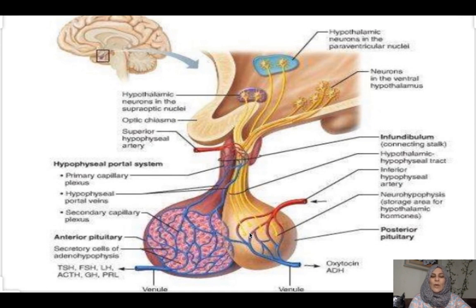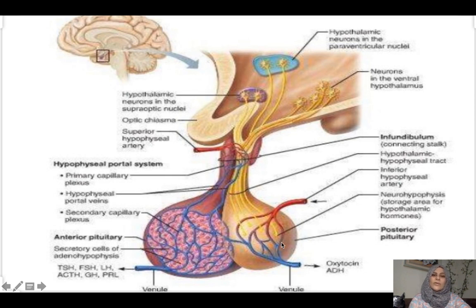مثل ما قلنا انه البيتيوتري جلاند بما انه هو endocrine gland so it has a very heavily blood supply. فالplexuses اللي موجودة عندنا superior pituitary plexus و inferior pituitary plexus. هذه plexuses يعني مال blood capillary plexuses in order to take the hormones directly to the bloodstream.